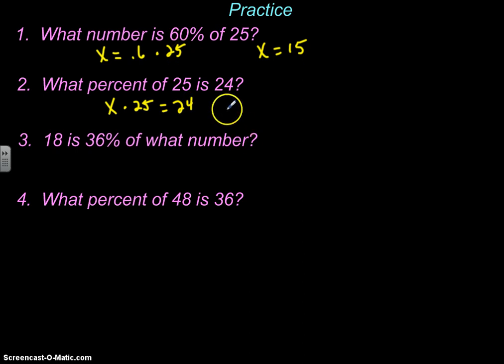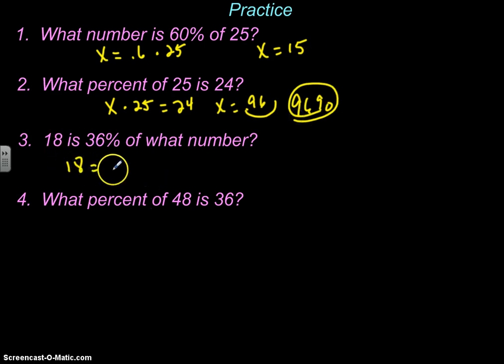We get 0.96. Okay, X equals 0.96, but we're looking for a percent. We have to move the decimal 2 places, 96%. Okay, 18 is equals 36%, 0.36 of times X. Okay, divide both sides by 0.36. So I get 18 divided by 0.36. I get 50. X equals 50.